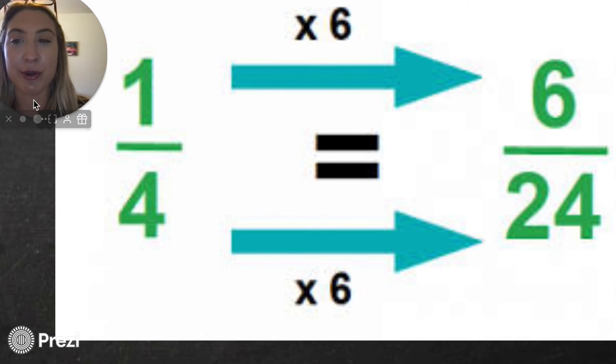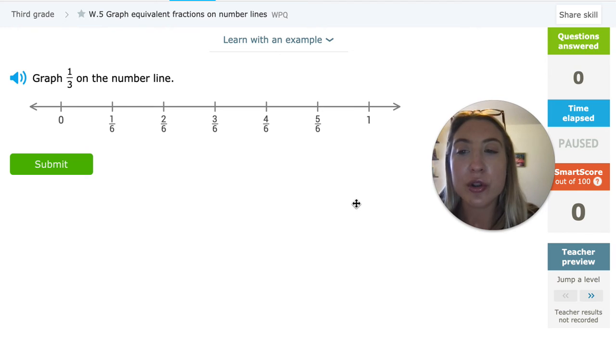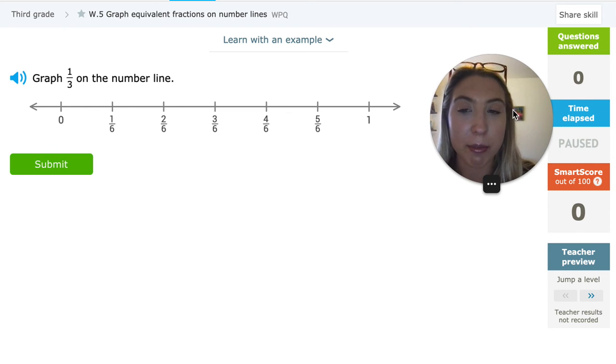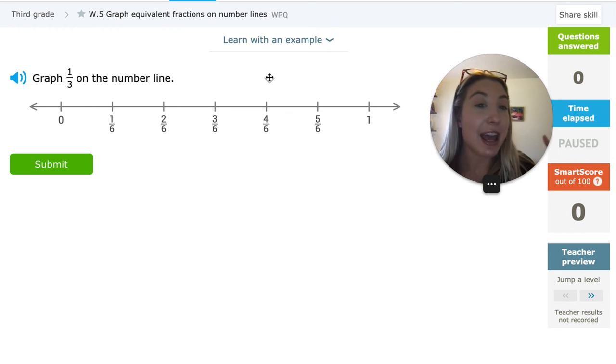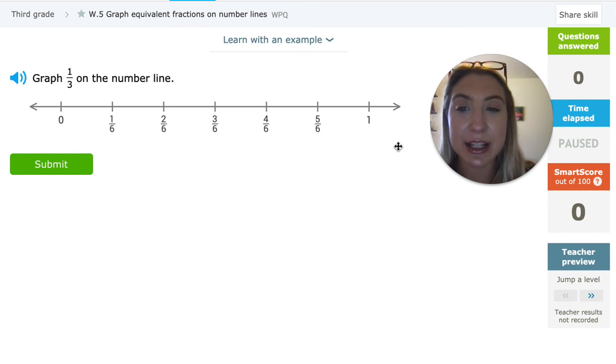Now let's go over some more examples. So what we're going to be doing today is graphing 1/3 on the number line. And if we look at our number line, it's not divided into 3 equal parts. It's divided into 6 equal parts. So now what I want to do is make sure that my denominator matches the denominators on the screen. So I know to get from 3 to 6, I have to multiply by 2.